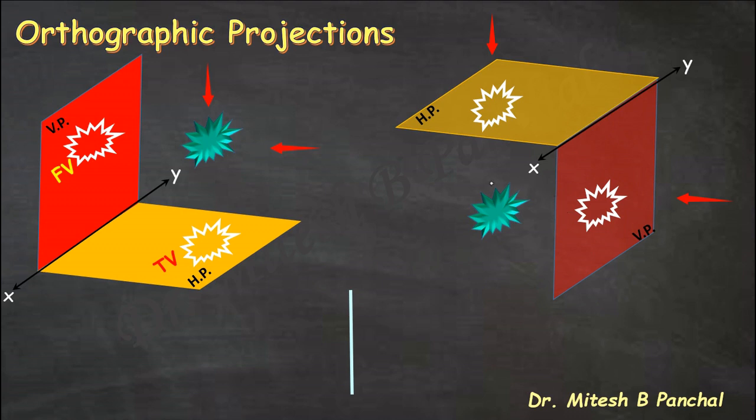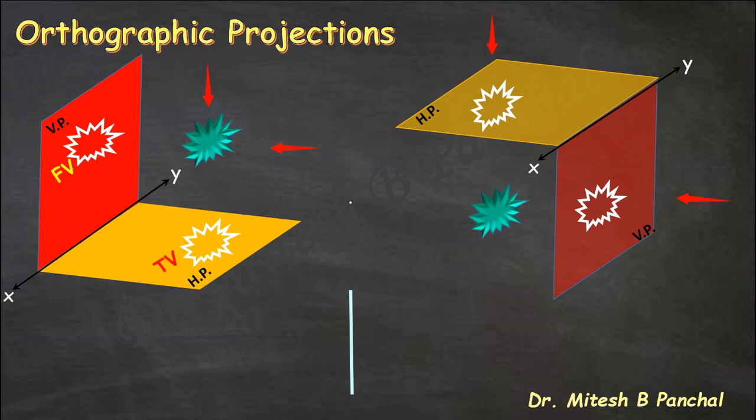While considering the third angle projection system, we have plane of projection in between object and observer for front view as well as for the top view. So in third angle projection system, plane of projection is in between object and observer, while in case of first angle projection system, object is in between plane of projection and observer.